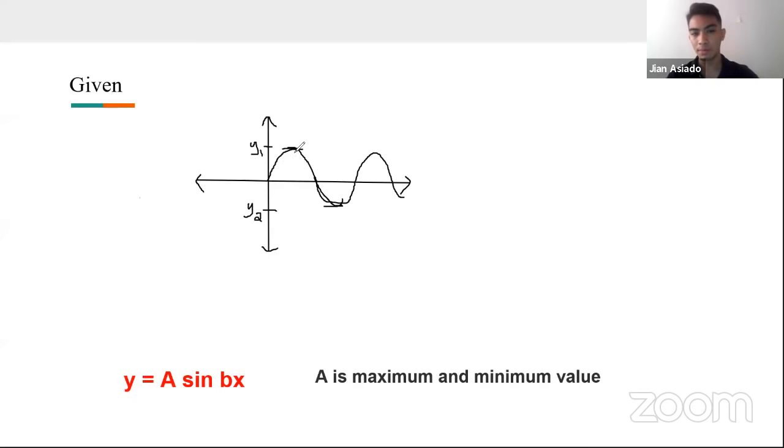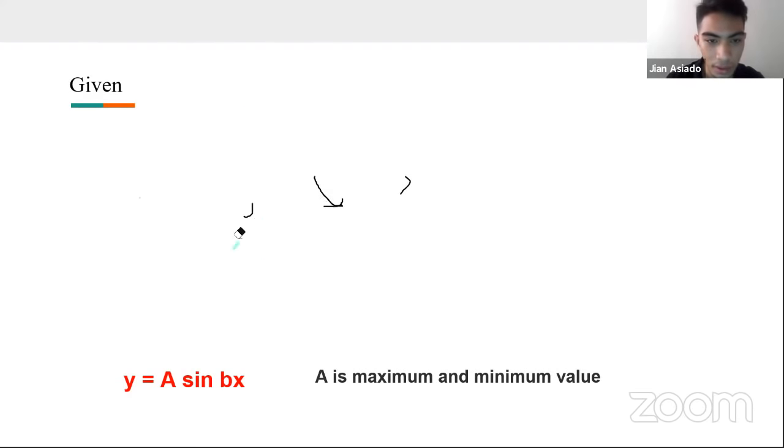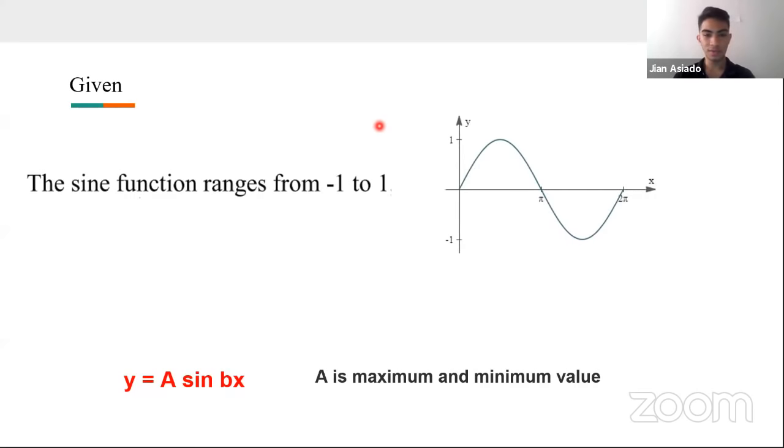Usually when it comes to oscillations, y1 and y2 are equal but with opposite signs. But they can also be different if the graph shifts. But for simplicity, they are basically just opposites. That's the amplitude, this is A. Sine functions range from -1 to 1.